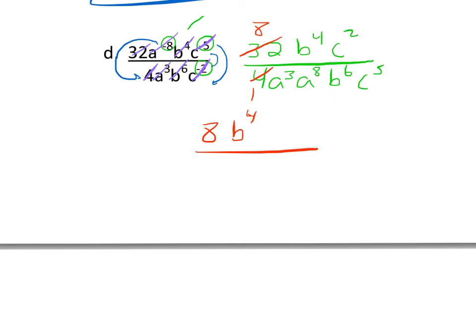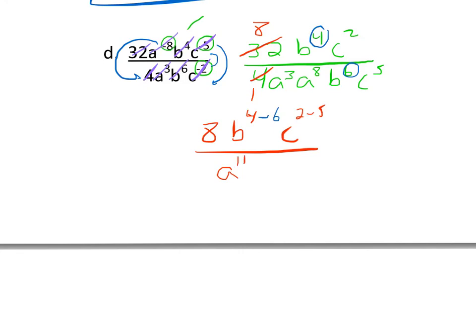This is going to be a good question because something's going to come up here. b to the fourth and b to the sixth. If we subtract, we have b to the 4 minus 6. Then we have c to the 2 minus 5. On the bottom we have a to the 3 plus 8, which is 11.